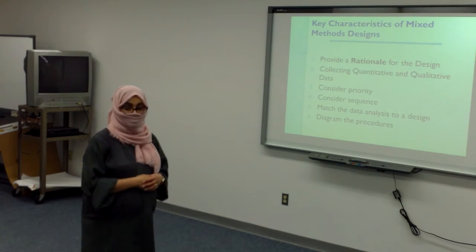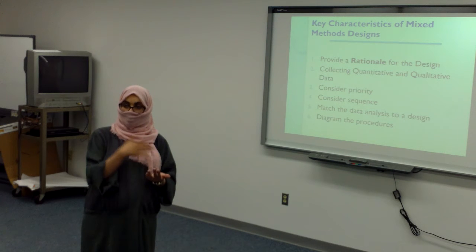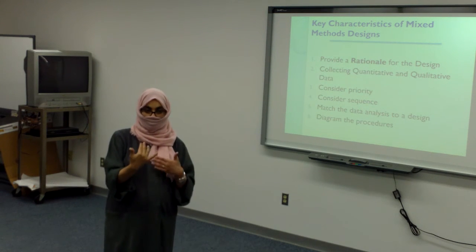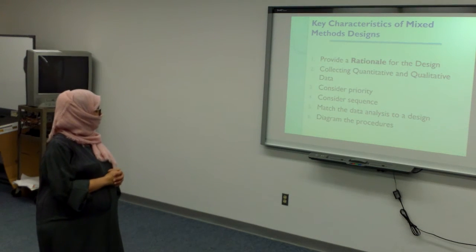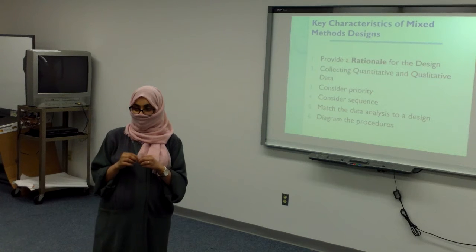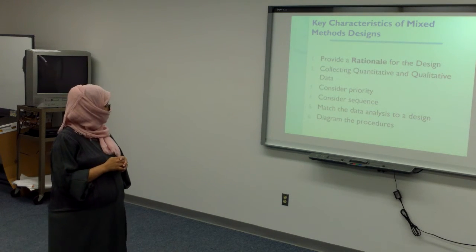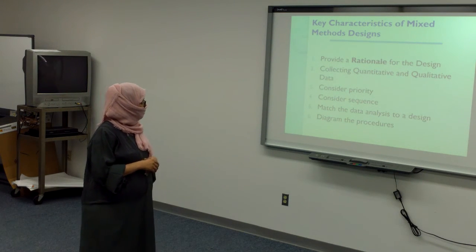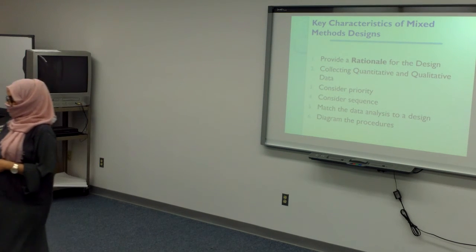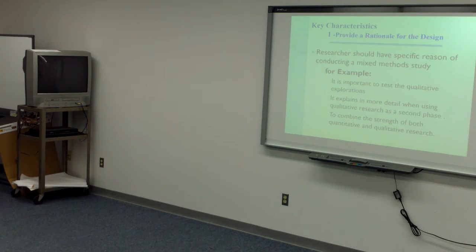Consider the sequence of collecting the data, whether to collect the data together or one before the other. Then match the data analysis to the design that you choose. Then diagram the procedure. So we will go in depth in this.